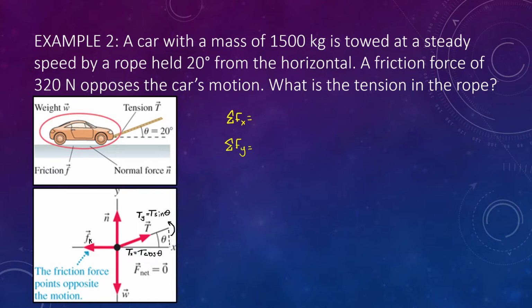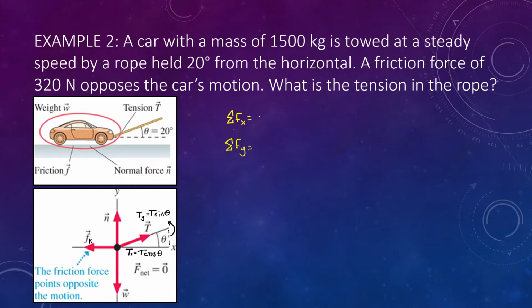So let's think about what forces are acting in the x direction. There's 2 forces that act in the x direction. The tension, or specifically the x component of the tension, pointing to the right, and the kinetic friction pointing to the left. Remember, to the right is positive, to the left is negative.